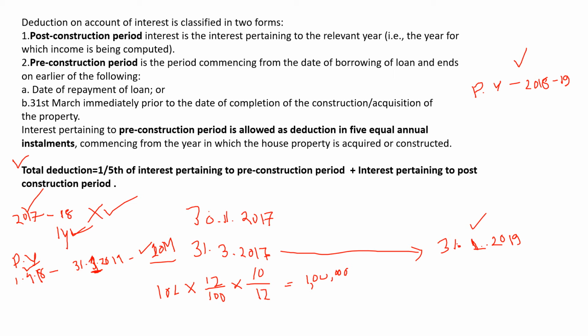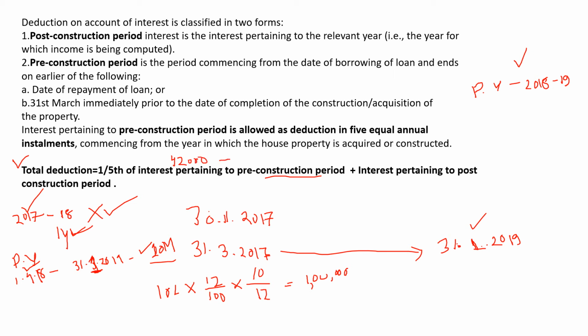1/5 of the interest pertaining to pre-construction period interest, and we have already found out by dividing 2,10,000 by 5. We got 42,000. The pre-construction period interest for 2018-19 previous year is 42,000.